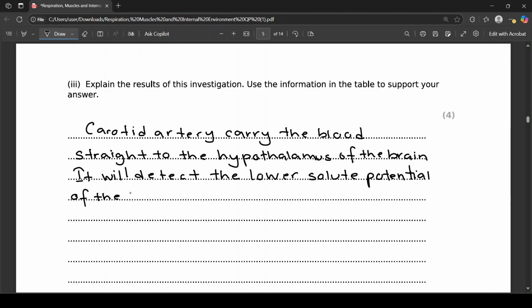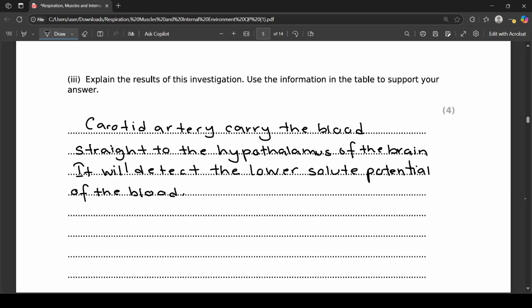We know that since the salt solution is now very concentrated in the blood, there will be lower solute potential. So this will be detected by the hypothalamus since blood is directly traveling from the carotid artery to the hypothalamus.